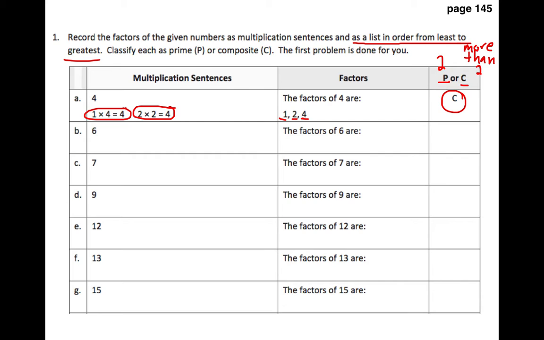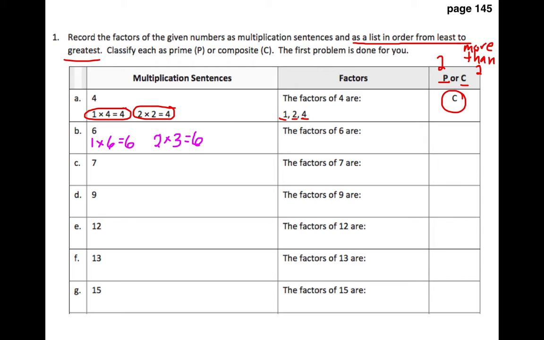Let's complete letter B. The number is 6. What can we multiply to get a product of 6? 1 times 6, 2 times 3, and that's it. So then, what are the factors of 6?